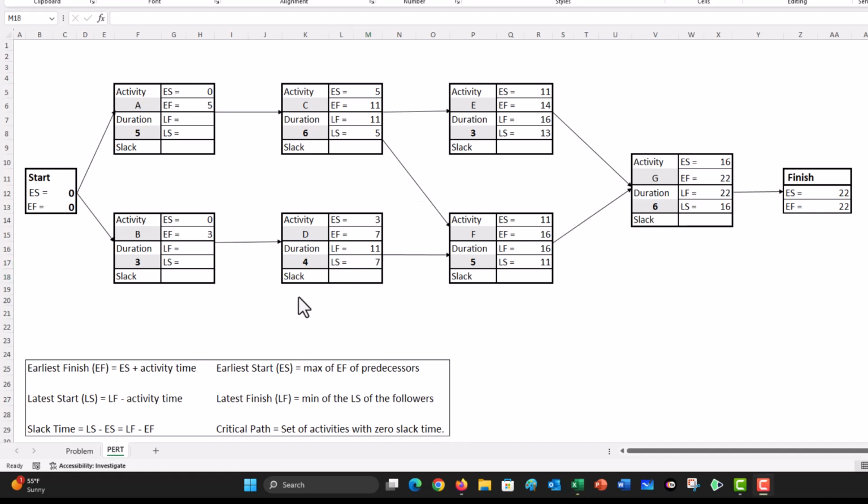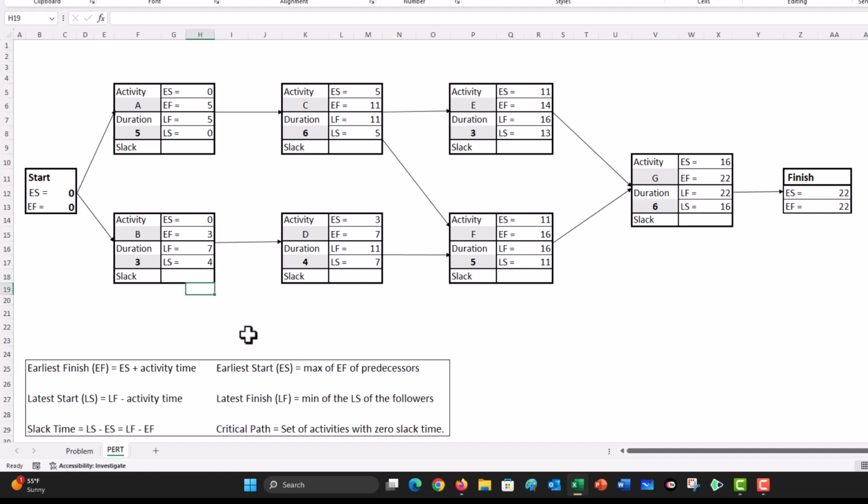Now we go to activity A. Its latest finish is going to be the latest start of activity C, which is 5, and its latest start is latest finish minus activity time, which is going to be 0. And we go to activity B. Its latest finish is the latest start of the follower activity, which is 7, and its latest start is 7 minus 3, which is 4.